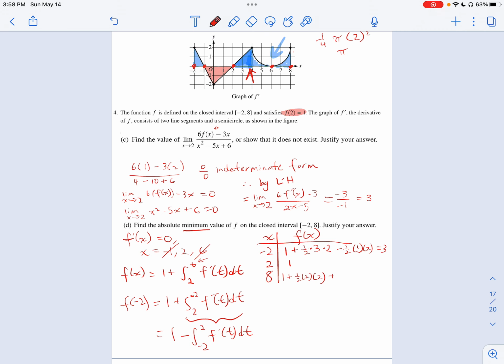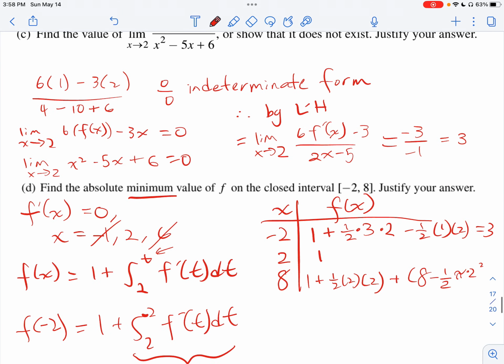So 1/2, so 8, I can write it like this: 8 minus 1/2 pi times 2 squared times 2 squared. Let me actually zoom in on this. I don't know why I'm writing it so small. And all of that should be, let's do this quick math, 11 minus 2 pi. I think that should work.